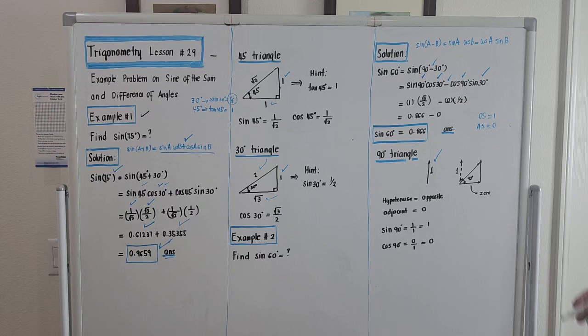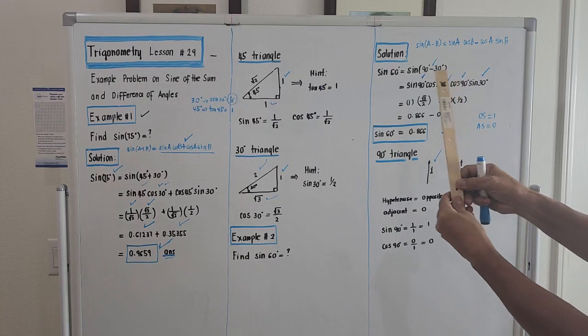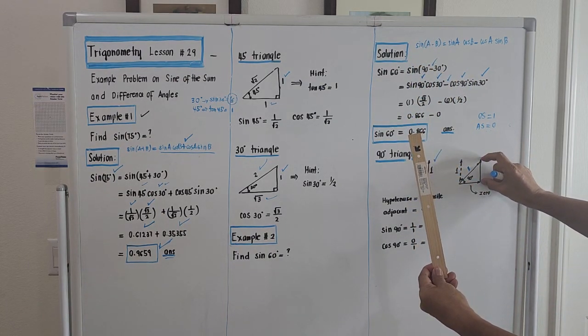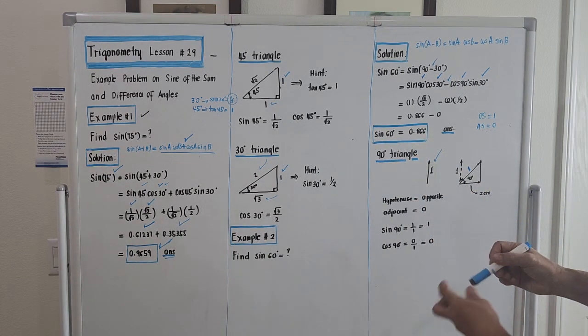Okay? So to compute for the sine and cosine of 90 degrees, just think of the hypotenuse as 1. As soon as the angle reaches 90 degrees, the opposite side is now equal to the hypotenuse.